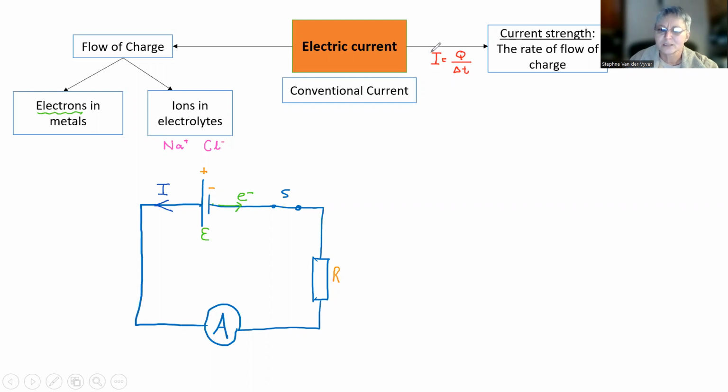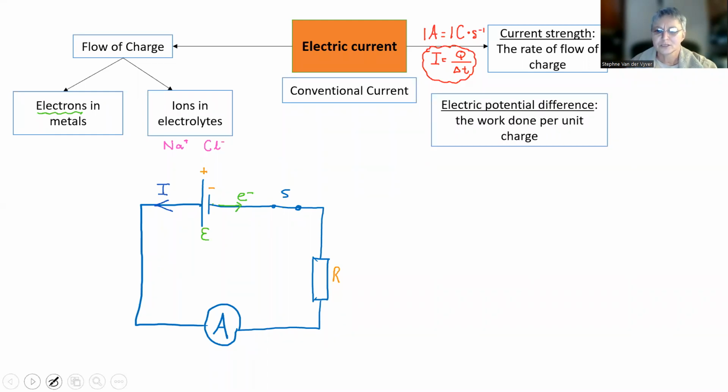From this equation, I'd like you to consider an equivalent unit to the ampere. 1 ampere is equivalent to 1 coulomb per second.